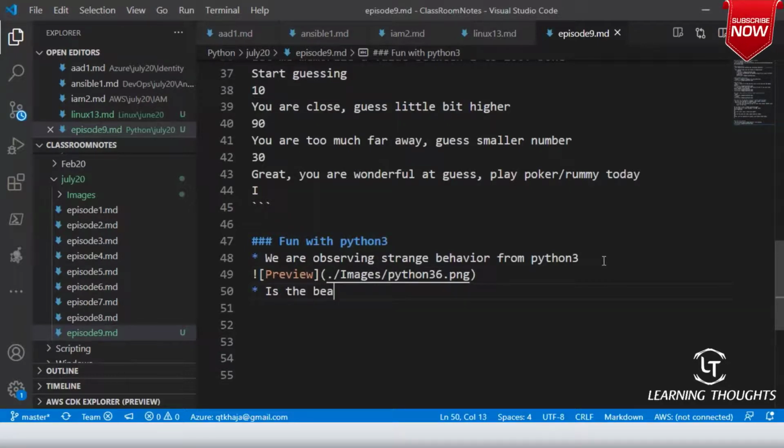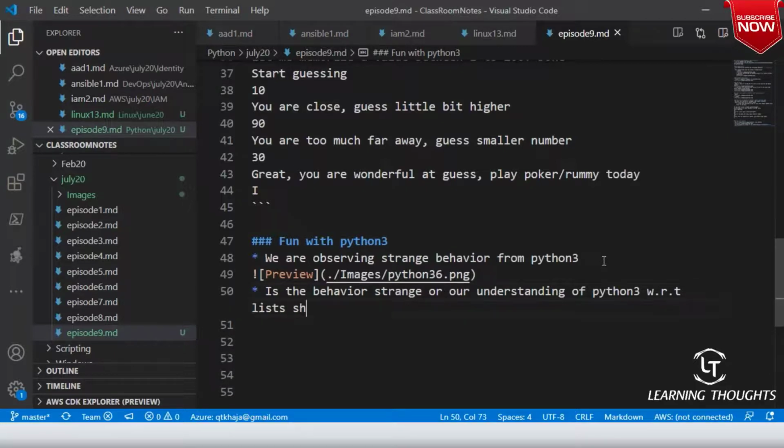Is the behavior strange, or should our understanding of Python 3 with respect to lists be changed? Let's discuss this in our next session.